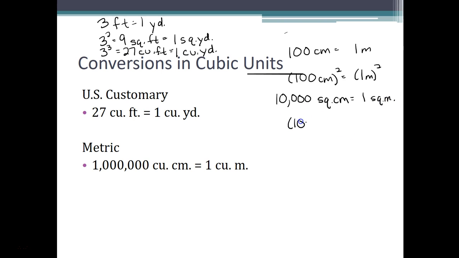Or if you cube that, 100 cubed, you get 1, 2, 3, 4, 5, 6 zeros. So you've got 1 million cubic centimeters equals 1 cubed, or 1 cubic meter. So be able to do some conversions with those. Throw that in here too, just like working with these cubic units, this volume and stuff. So if you have something like 6 cubic yards equals how many cubic feet?